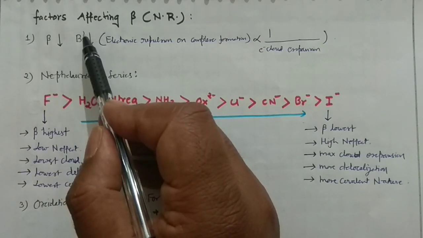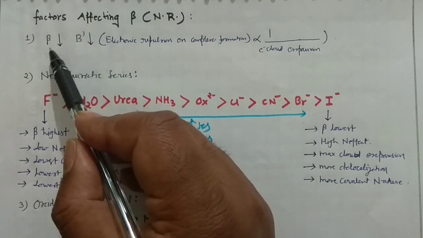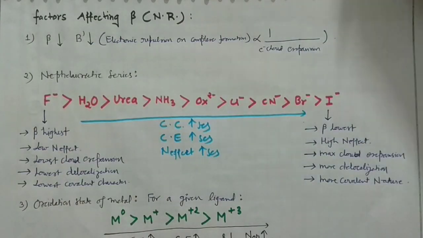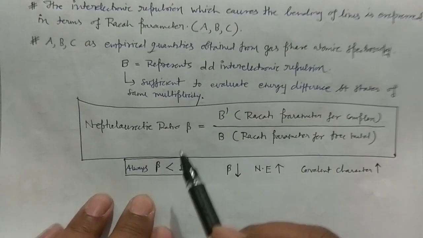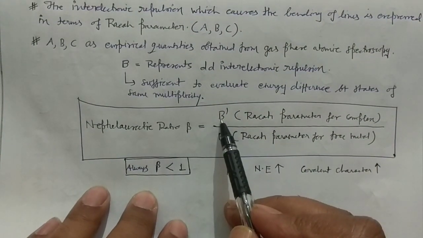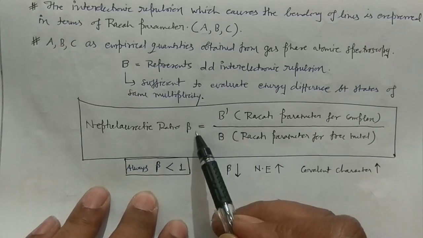You know, B dash is what? It is the electronic repulsion. When this value is low, of course the beta would be low, because they have a direct relation. You can see here, beta is directly proportional to B dash. When the repulsion decreases, of course the value of this decreases, right?